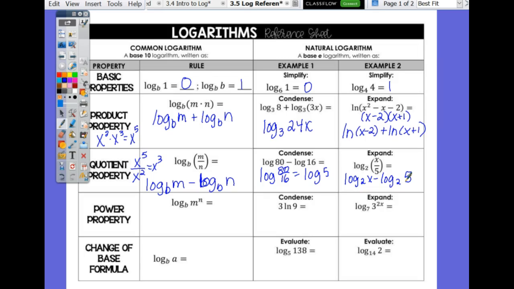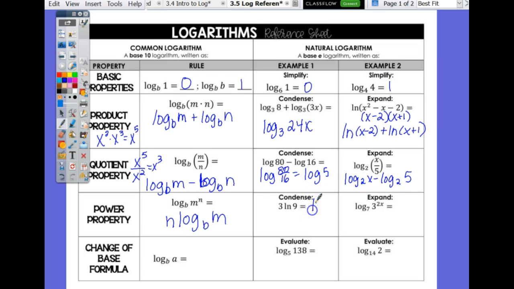Easy? Okay. The power property, I'm going to take this power and I just drop it to the front, from the top to the bottom. So I do n log base b of m. When I condense, if it starts in the front, where do I move it back to?